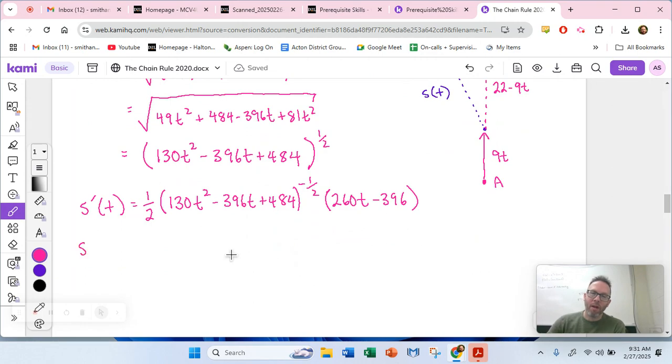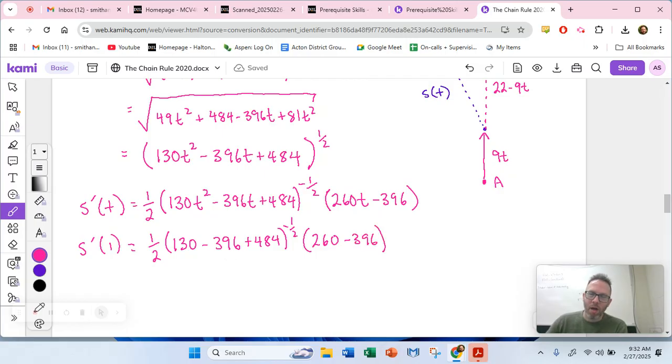Guys, here's another situation where, in my opinion, there's no value in doing any simplifying. Let's just plug in 1. So we're going to have a half, and then you can show as many steps as you want. It'll just be 130 minus 396 plus 484 to the power of minus a half, and then 260 minus 396.